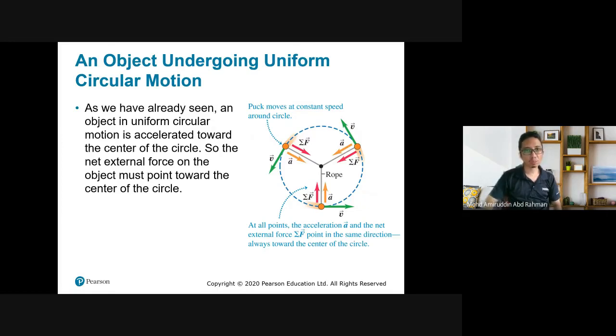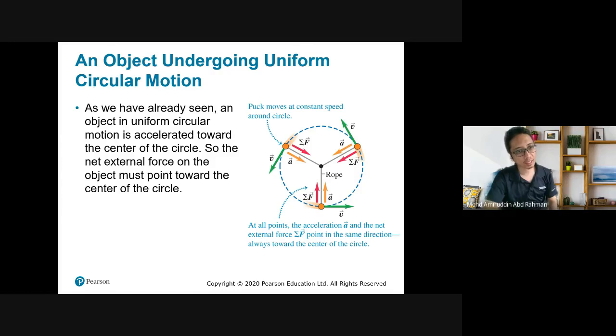All right, now we are considering uniform circular motion. We already learned that in chapter 3. As we have already seen, an object in uniform circular motion is accelerated toward the center of the circle, of course with constant speed.